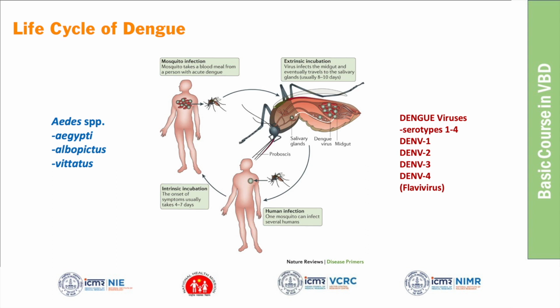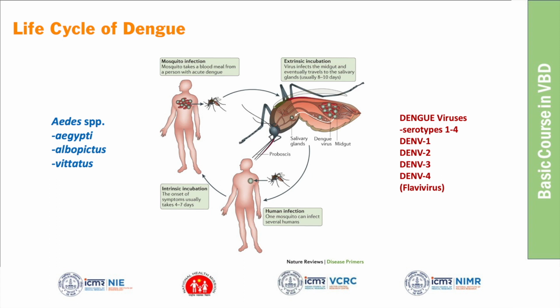So it will take a part of its blood meal when it bites, and then flies, and then goes on biting several hosts before it gets the full blood meal, and in the process can infect several human hosts. So you will find often dengue will be a cluster disease where it can infect many.